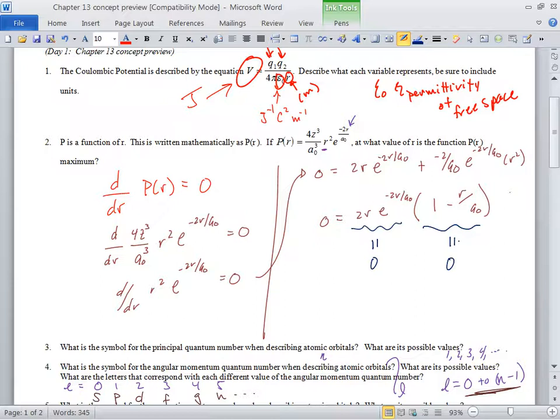So there's one answer. At what value of r is this a maximum? Well, one is r equals 0. Then the other one is r equals negative a naught. If you set this expression equal to 0, what do you get? Because this equals 0, you bring a 1 over, you have a negative 1 on that side. Multiply it by a negative a naught.